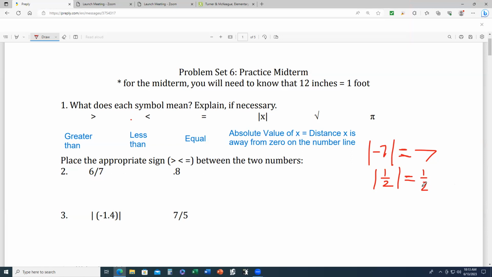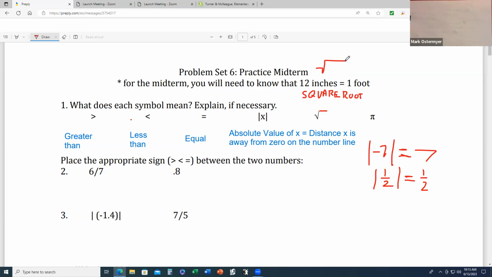And the other one, that one is divide, right? No. This is the square root function, meaning you're taking the square root of a number. For example, the square root of 4 is 2, because 4 is a perfect square of 2.